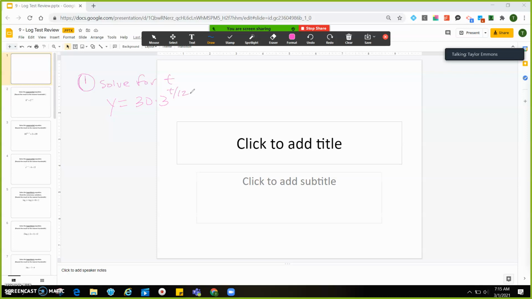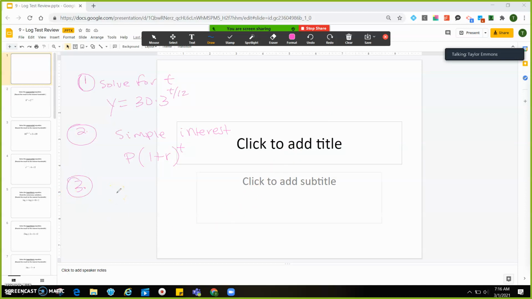And we can go through how to solve, but I just kind of want to make you a running list of everything. Okay, the next one is going to ask you about simple interest. Okay, and that's dealing with the p times 1 plus r raised to the t power.